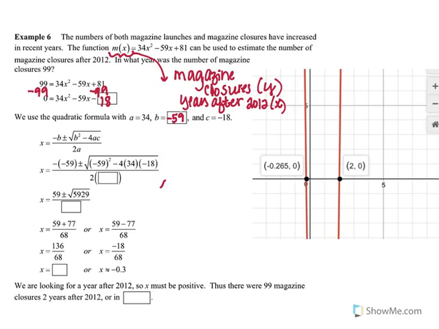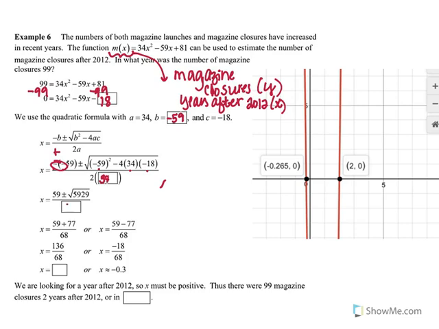Plugging them in, the opposite of negative 59, notice that this turns into a positive, plus or minus the square root of b squared minus 4 times our a value of 34 times our c value of negative 18, all over 2 times our a value of 34.